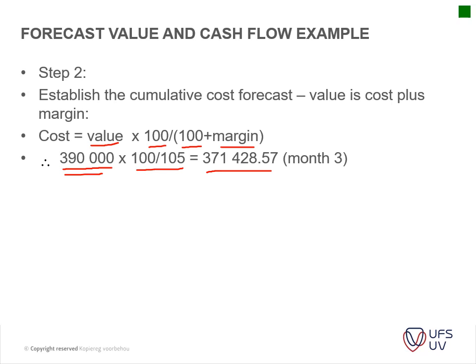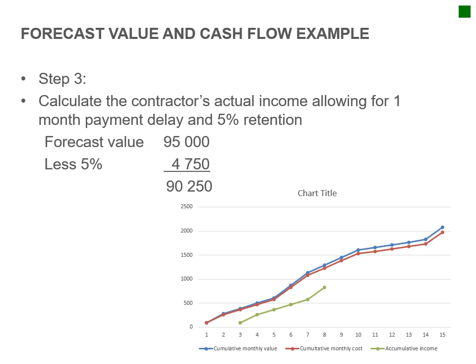Okay, so I hope everyone understands that. It's your value of work, basically subtracting your 5% from that, which is the same as 100 over 105. Okay.